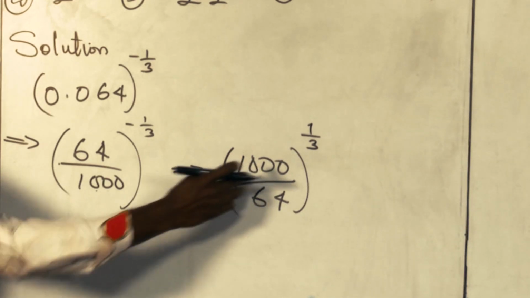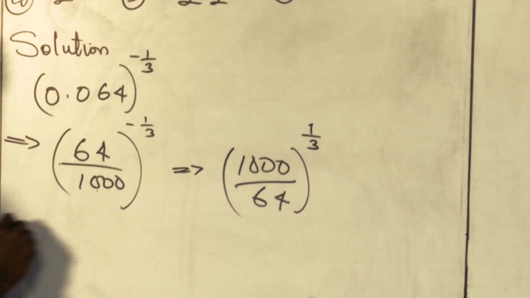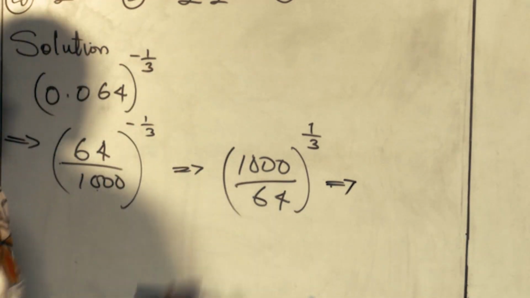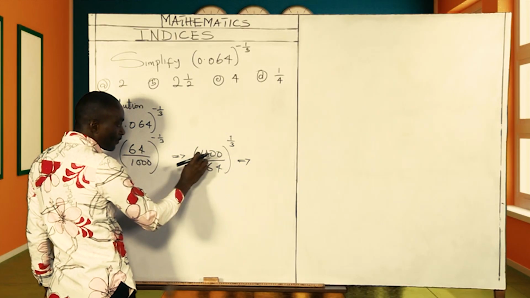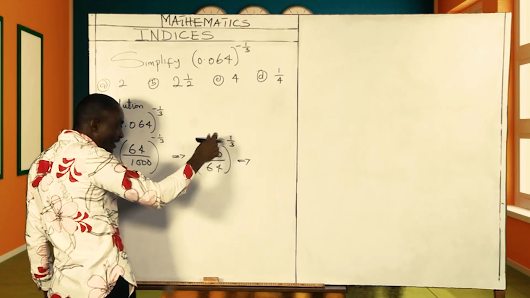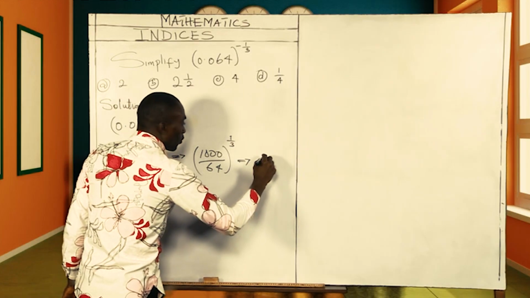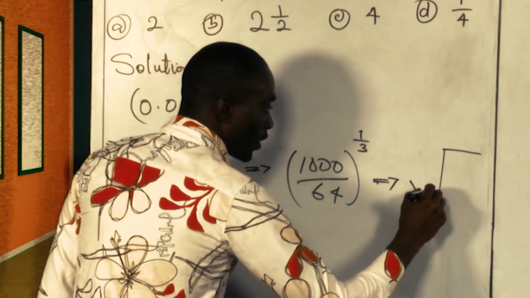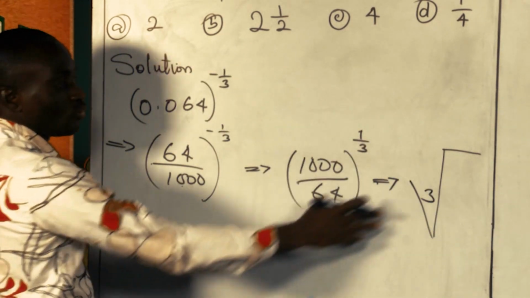Now it means the whole of this 1000 over 64 carries the power 1 over 3. This 1 over 3 in indices means cube root.